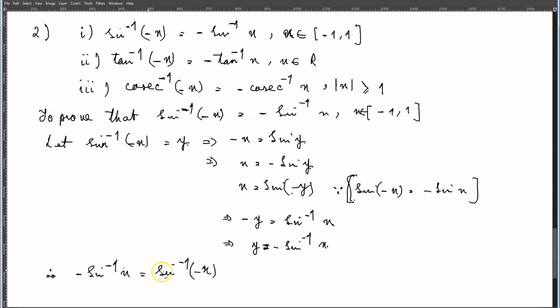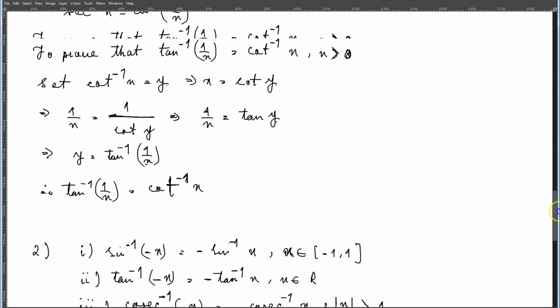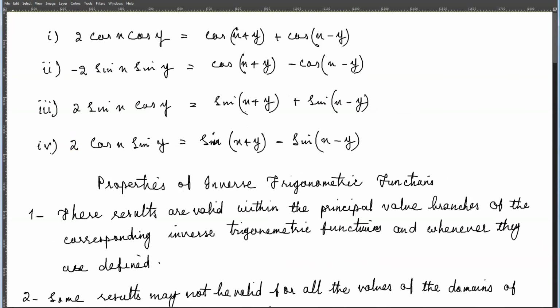And the domain that has been defined here is x belonging to the domain -1 to 1. That is basically that. Now you can do the same thing essentially with tan inverse and cosecant inverse, and you can do that as follows.